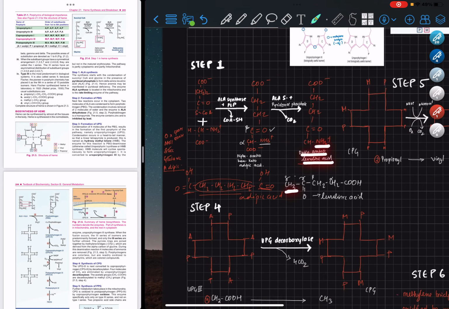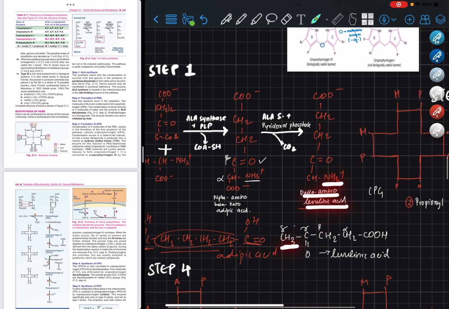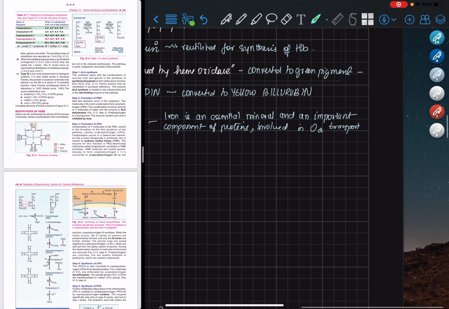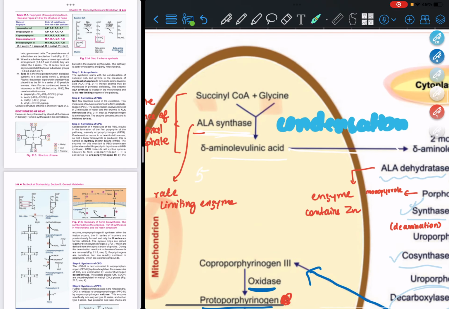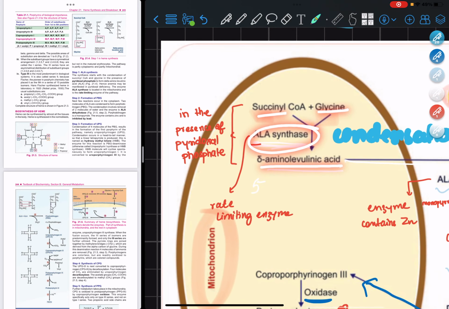So that is when we go into the details of the first step of heme biosynthesis, which is a condensation reaction where succinyl-CoA and glycine combine to give delta-aminolevulinic acid in the presence of ALA synthase and pyridoxal phosphate.